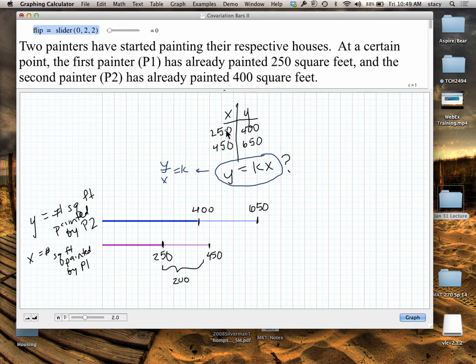And if you take these values in our table, 400 over 250 is not the same as 650 over 450, right? So we don't get this relationship, and it just takes testing those two distinct points to figure that out.